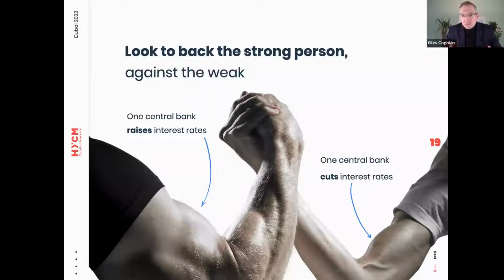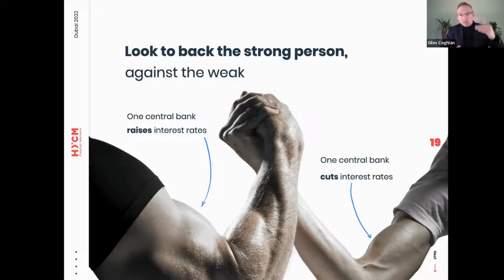And the simplest way that currencies move is as central banks increase and cut interest rates. As interest rates rise, that attracts money into a domestic market. So when the Bank of England increases interest rates, that will attract pounds into the UK as investors want to benefit from those higher interest rates.